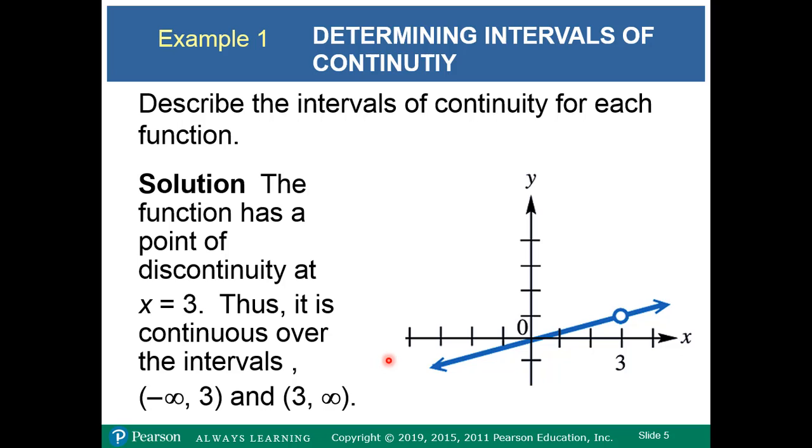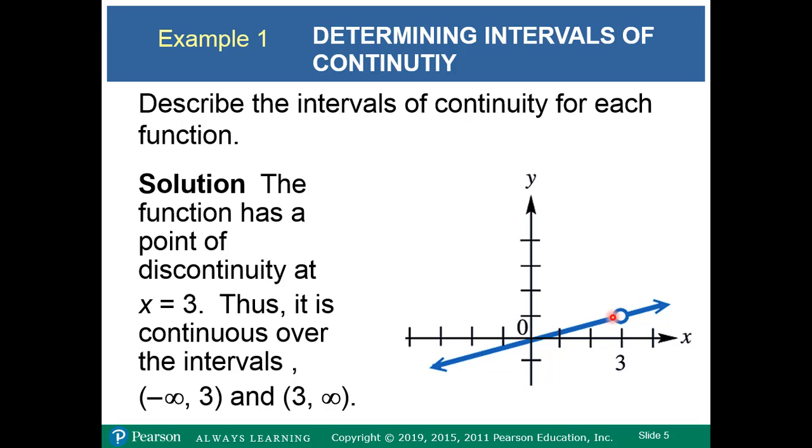So from negative infinity all the way up to x equals 3. So we have negative infinity to 3 with the parenthesis, meaning that 3 is not included in the interval. And then it goes from 3 to positive infinity. So it's continuous on this interval and on this interval. Basically it's continuous everywhere except at x equals 3.